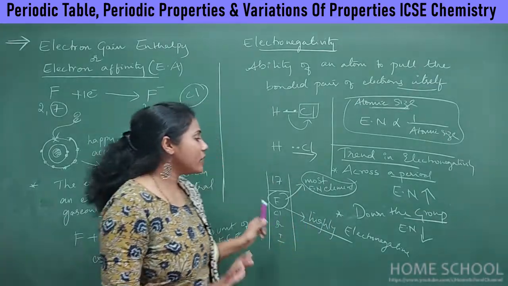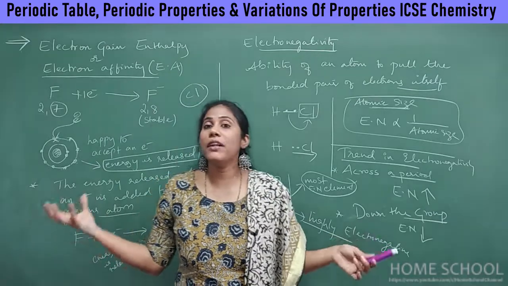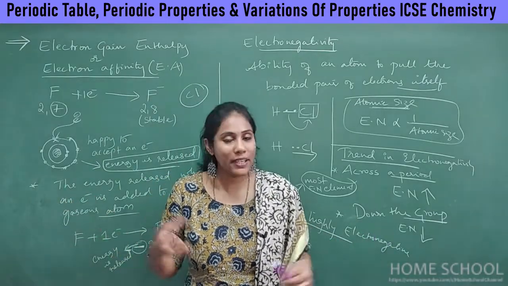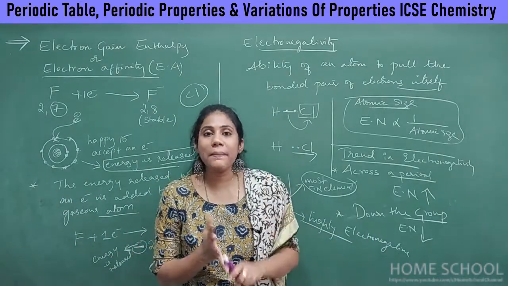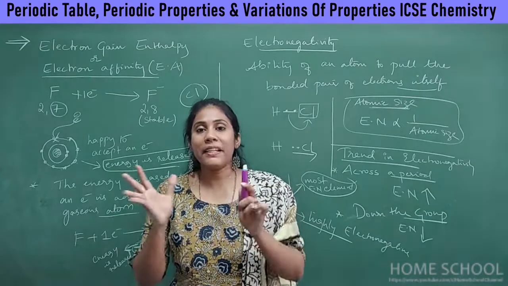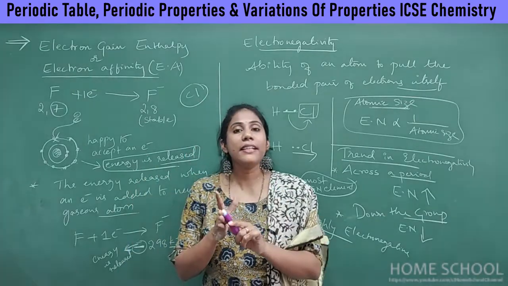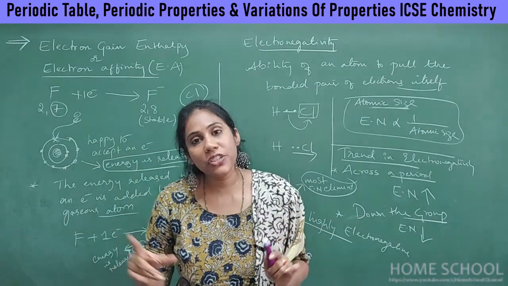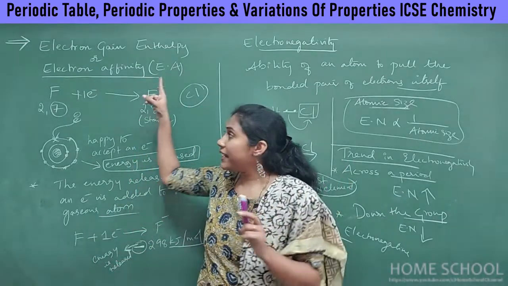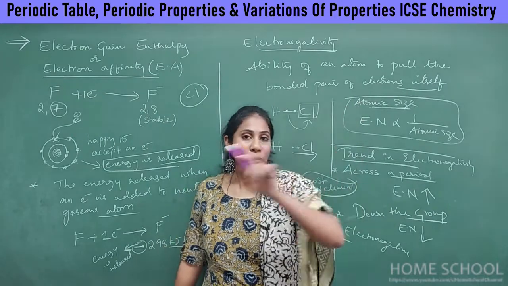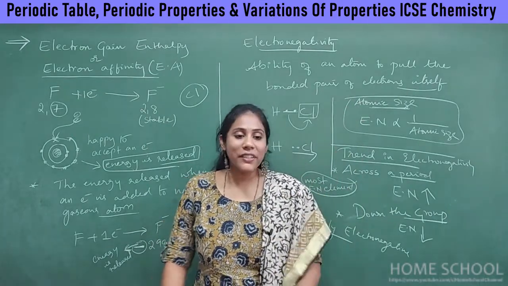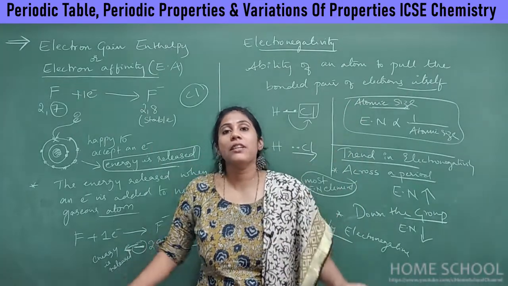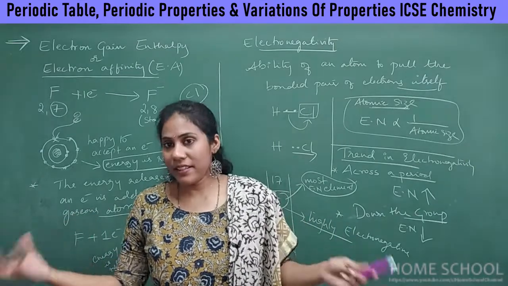So that's all about the various periodic properties in your syllabus: atomic size, metallic character, non-metallic character, chemical reactivity, ionization energy, electron gain enthalpy as well as electronegativity. With this, the major topic of the chapter is over.